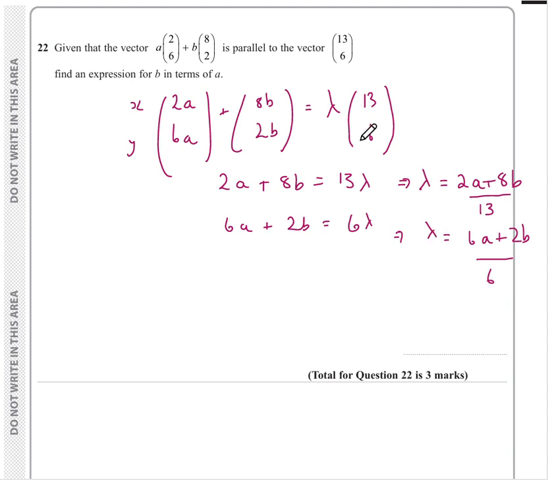I know that lambda is going to be the same for both of these, so what I can do is put them both equal to each other. So (2a plus 8b) over 13 is going to be equal to (6a plus 2b) over 6.